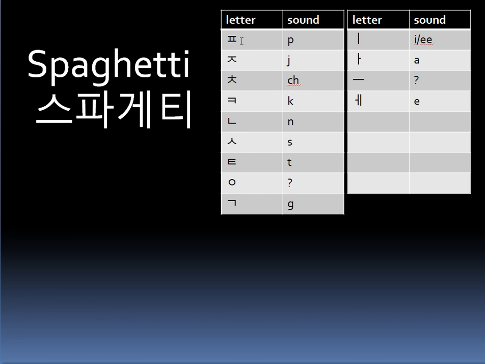Did I have that? Oh, here we learned the P sound, right? The first, spa. So here, P sound, and this one we also learned, the R sound. So pa, and this is a new one here.